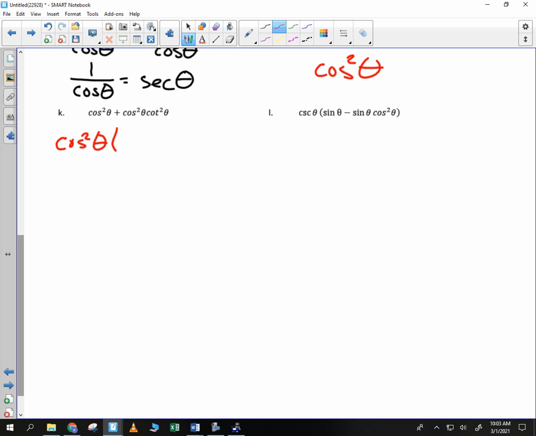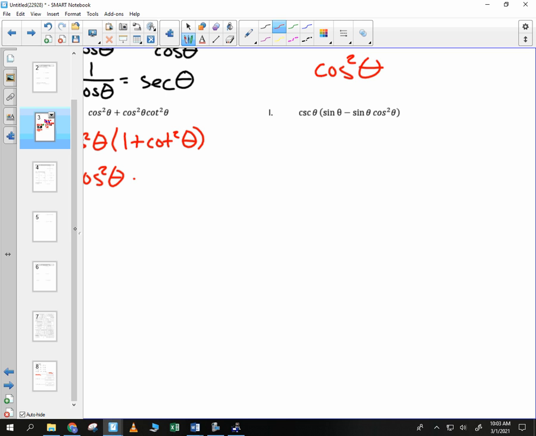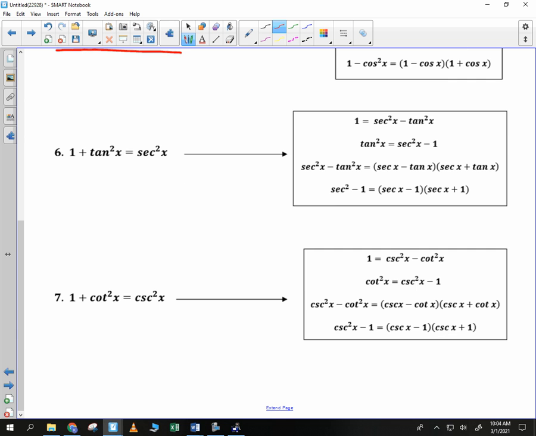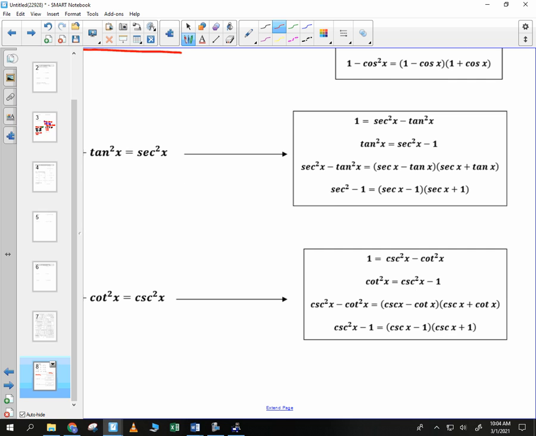When you do factor out a cosine squared, you're left with 1 plus cotangent squared. If I check my sheet, sure enough, 1 plus cotangent squared makes cosecant squared.